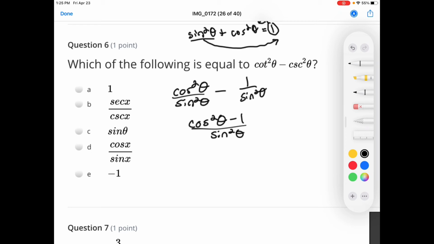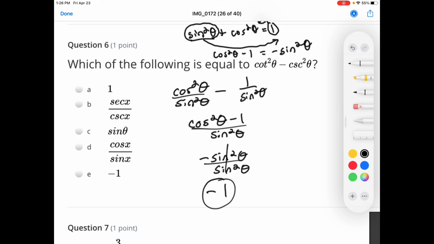Taking that sine squared to the other side would make it a negative. So cosine squared minus 1 is equal to negative sine squared. So this is negative sine squared over sine squared, and this is just going to give me negative 1.